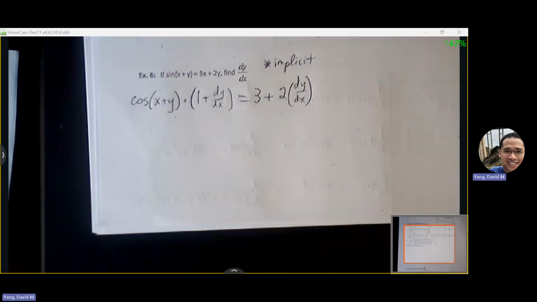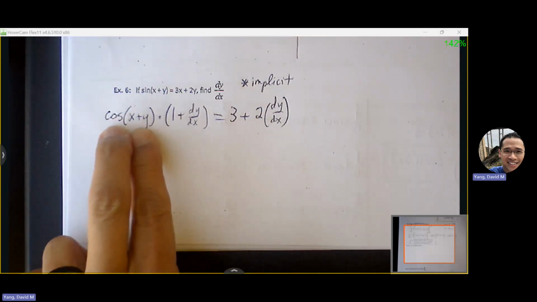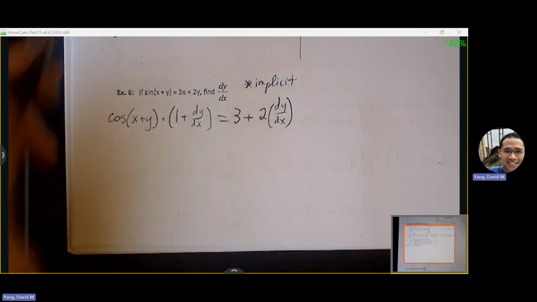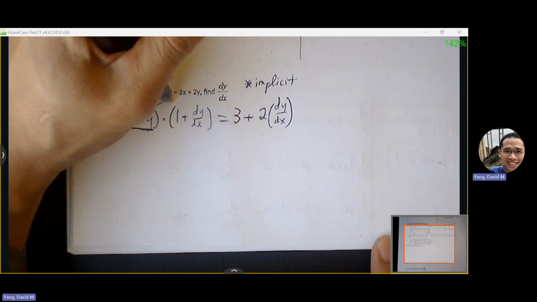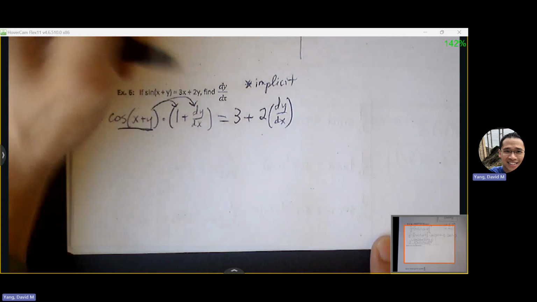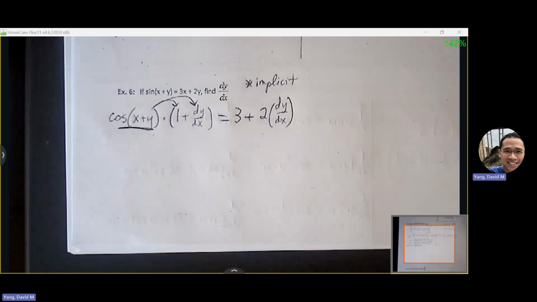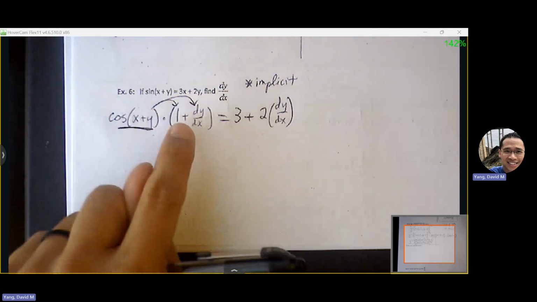All right, we have to do some cleanup here. We're trying to eventually isolate our dy dx together. Now, this cosine of x plus y is one thing, right? But the x plus y is outside of it. So we can do this. We can take this cosine x plus y and distribute it through. The reason why we want to do that is we want to free up that dy dx term so we can start moving things around. But right now, it's kind of stuck inside this expression.